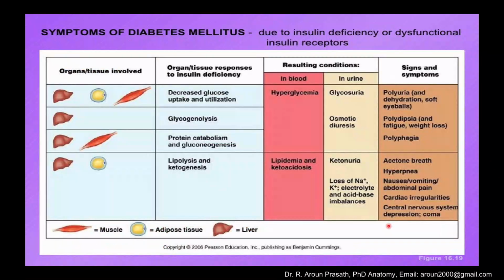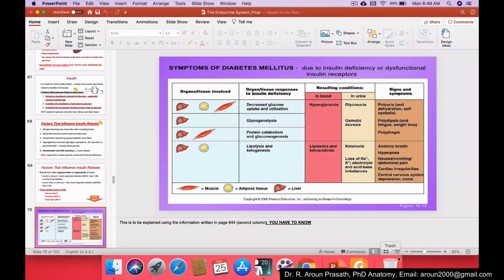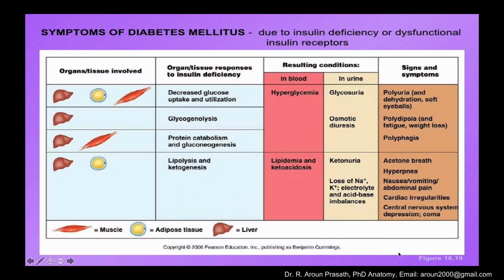Okay, now let us see the symptoms that are related with diabetes mellitus. Look at the symptoms of diabetes mellitus due to insulin deficiency, that is lack of insulin, or due to the non-functional situation of insulin receptors on the cell.